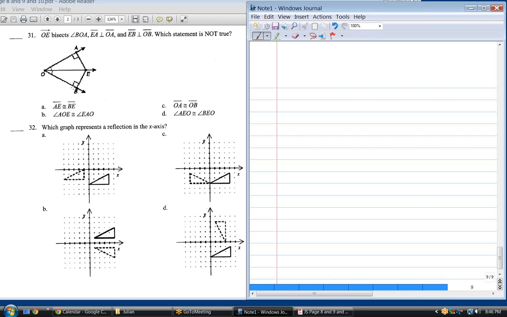So, which statement is not true? Is line AE congruent to BE? Based on which postulate?